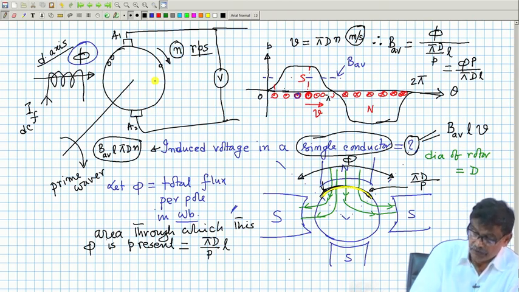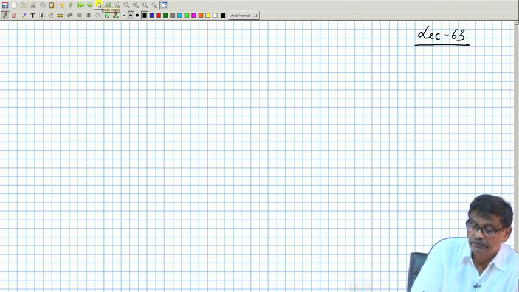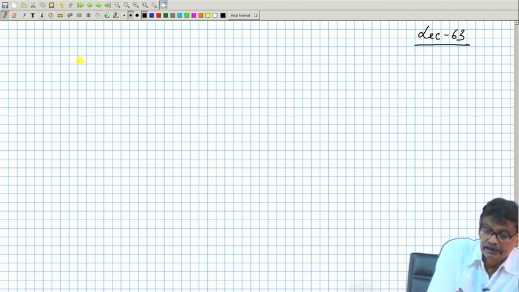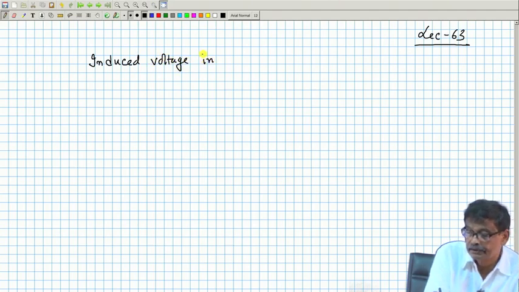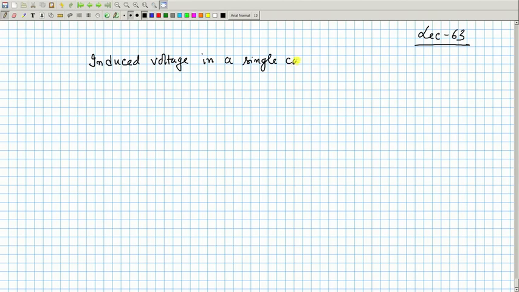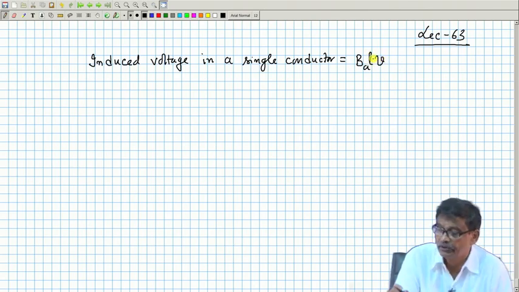So, I will start from here. The last day's expression, the induced voltage in a single conductor, we got to be equal to B average, V velocity, L the length of the conductor.